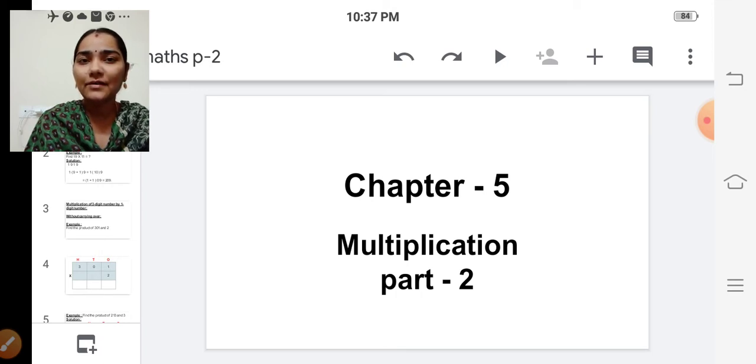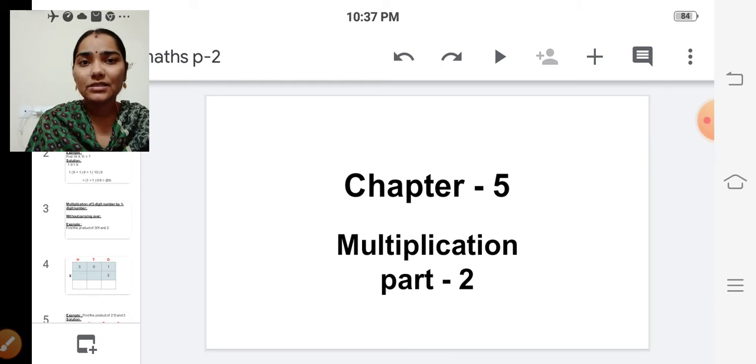Multiplication is nothing but the repeated addition of similar groups of things. And we have learned the multiplication facts, isn't it? What are the multiplication facts?